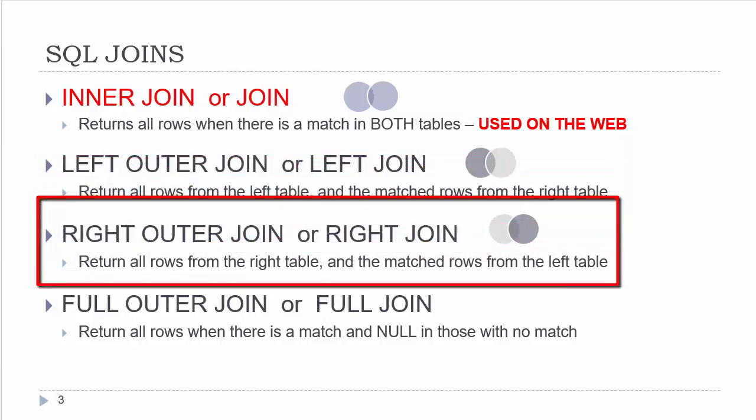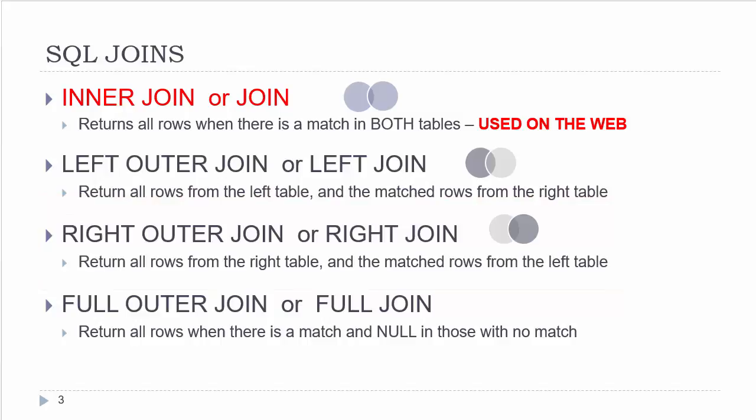A right join does just the opposite. It returns all of the rows in the right and just the ones that there is a match in the left. There are reasons for using these different joins, mainly in order to learn more about the data. For display on the web, we're using the inner join or just the join.